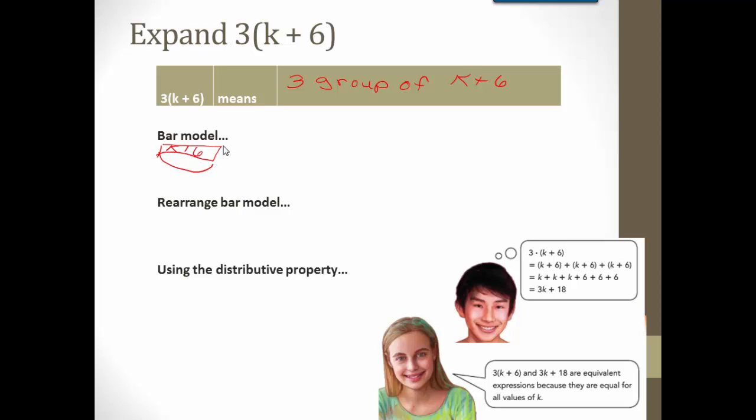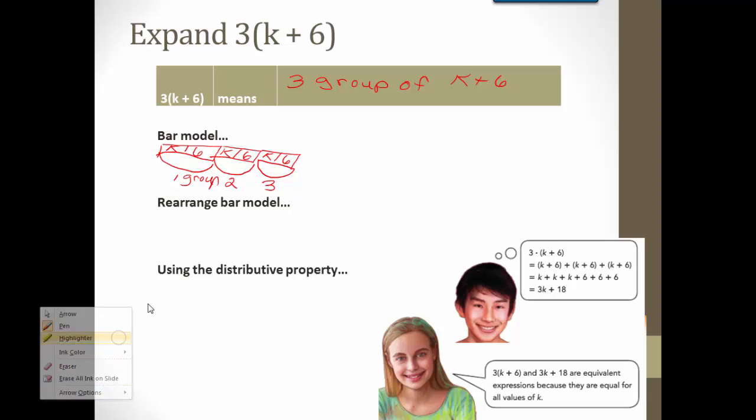It's one group. K and 6. Here's the second group. K and 6. Here's my third group. So I have one group, 2 groups, 3 groups.